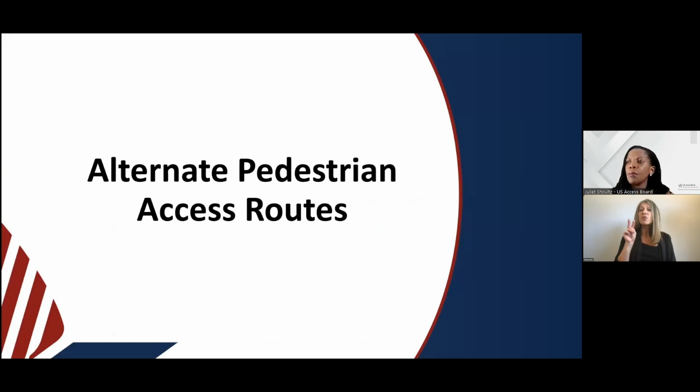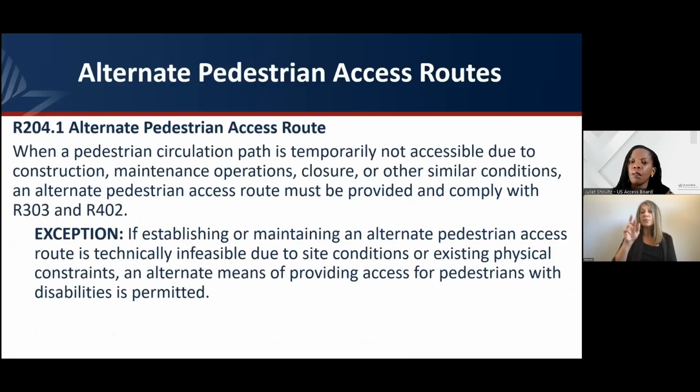Let's look at revisions to alternate pedestrian access routes next. We added a provision for alternate pedestrian access routes in the scoping chapter, and it points to the technical requirements that are in line with what was referenced in the MUTCD.